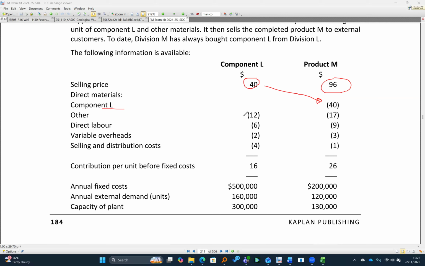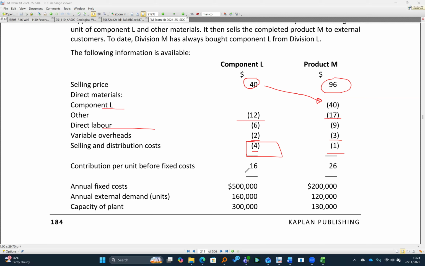Then they have other costs, direct labor. We have 12 for component L. Then here 17. Then we have variable overheads. Then we have selling and distribution costs. And then also we need to know whether these ones are incurred when you sell to Division M, or if they are the same that are incurred when you are selling to external people.